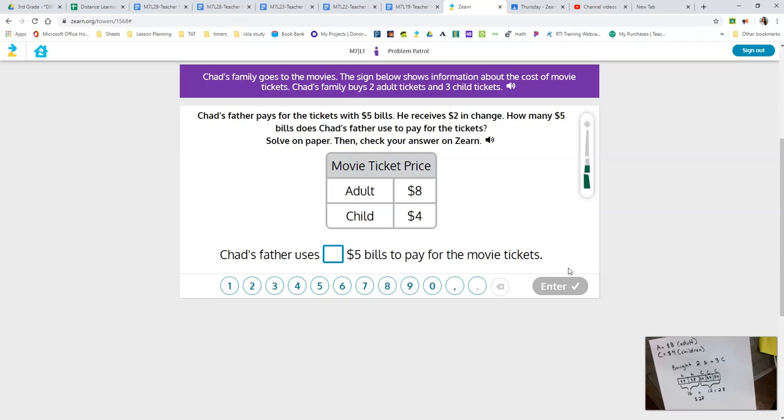How many $5 bills does Chad's father use to pay for the tickets? Solve on paper, then check your answer on Zearn. So let's keep going. I'm going to pull this up here. I'm going to show you here. He uses $5 bills. I'm going to write down that note.